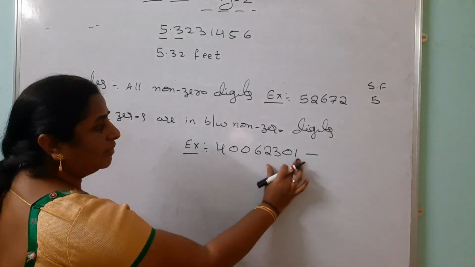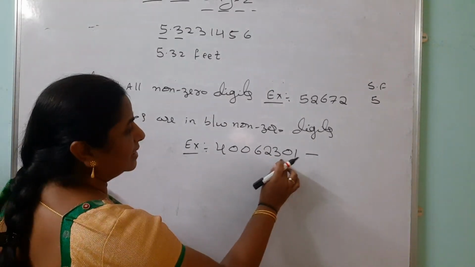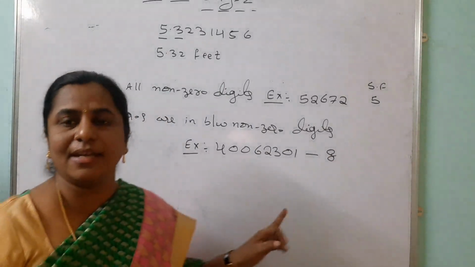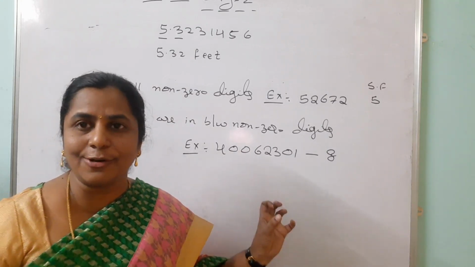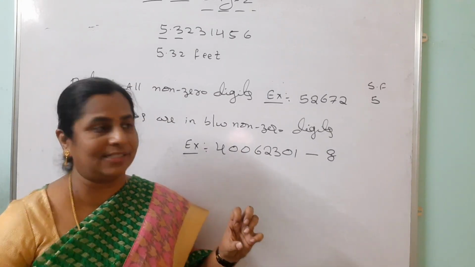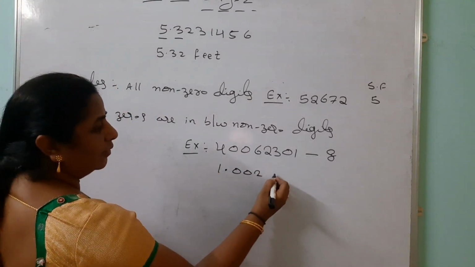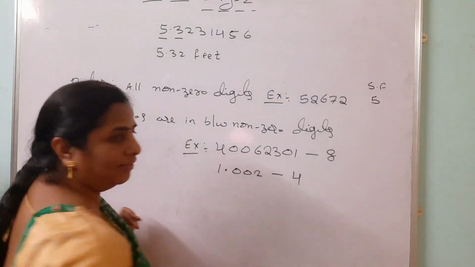These are coming in between the non-zero digits. So 1, 2, 3, 4, 5, 6, 7, 8. 8 are the significant figures. So the first rule is all non-zero digits are significant figures. The second rule is if zeros are coming in between the non-zero digits. One more example, 1.002. What are the significant figures? 1, 2, 3, 4. 4 are the significant figures.